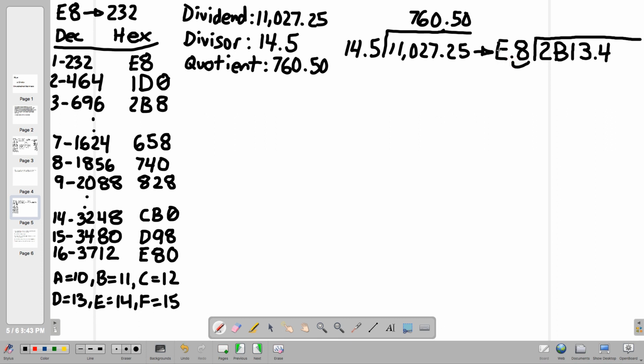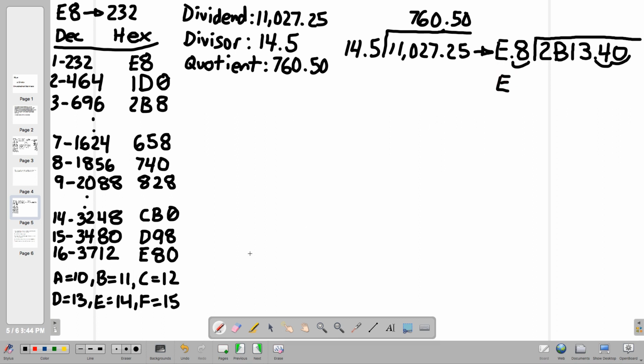So we have a full E8 that's going to be divided into the dividend. We'll pretend like the decimal point doesn't even exist, and we'll just go ahead and say E8.